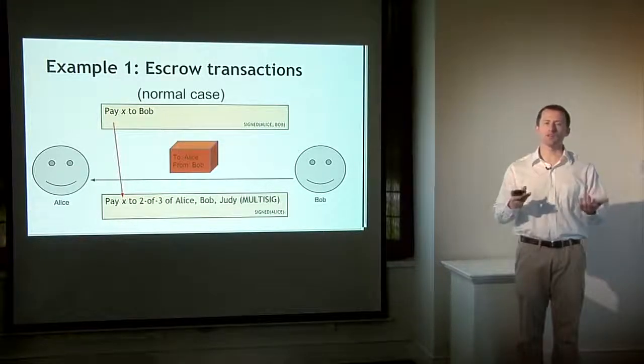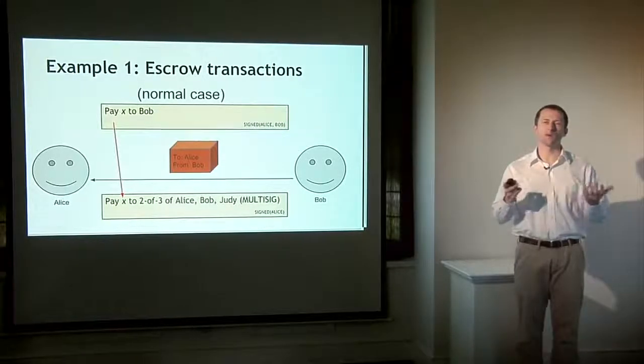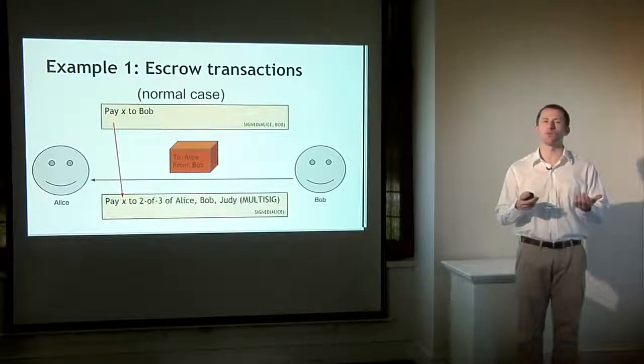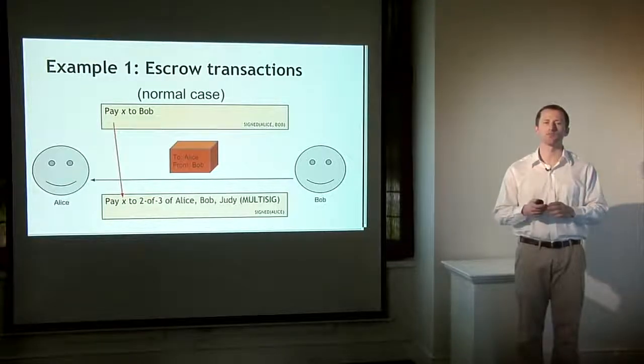And the great thing here is that Judy never had to get involved at all. There was no dispute, and so Alice and Bob were able to sign, and that represents 2 out of the 3 people required by the multi-sig transaction. So in the normal case, this isn't that much less efficient than Alice just sending Bob the money. It requires just one extra transaction on the blockchain.